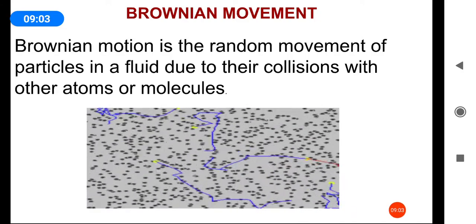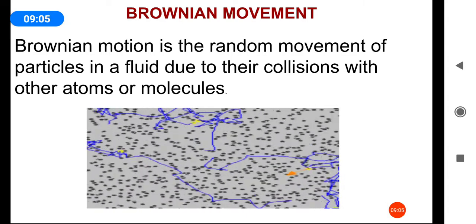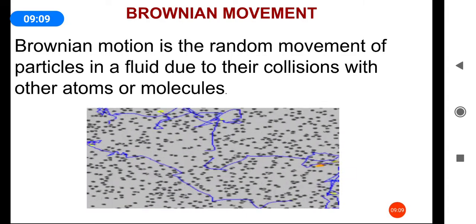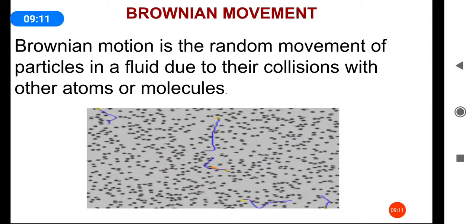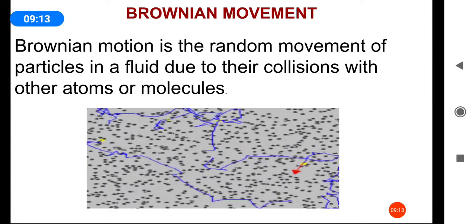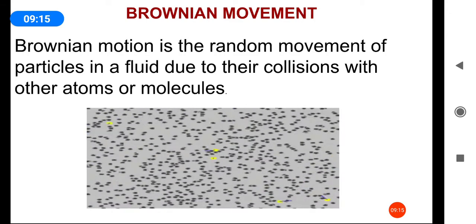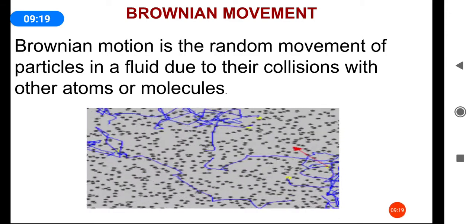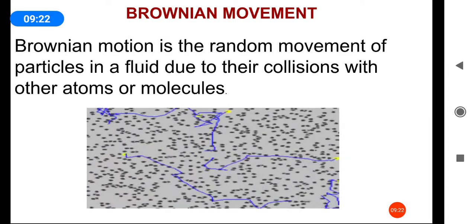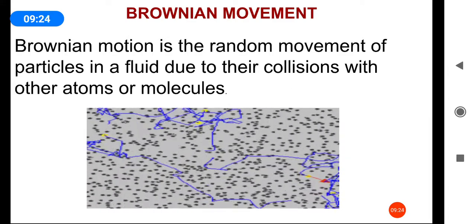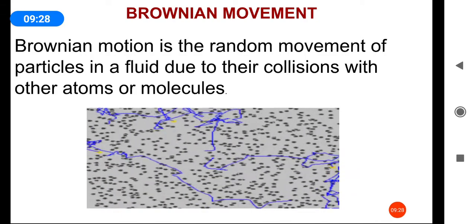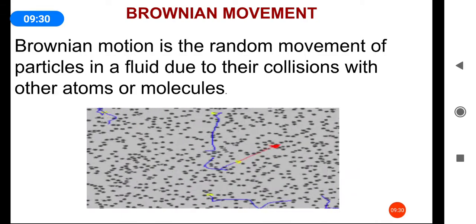Brownian motion takes its name from the Scottish botanist Robert Brown, who observed pollen grains moving randomly in water. So it is the irregular motion of small particles suspended in a liquid or a gas caused by the bombardment, that is, the collision of the particles by molecules of the medium.